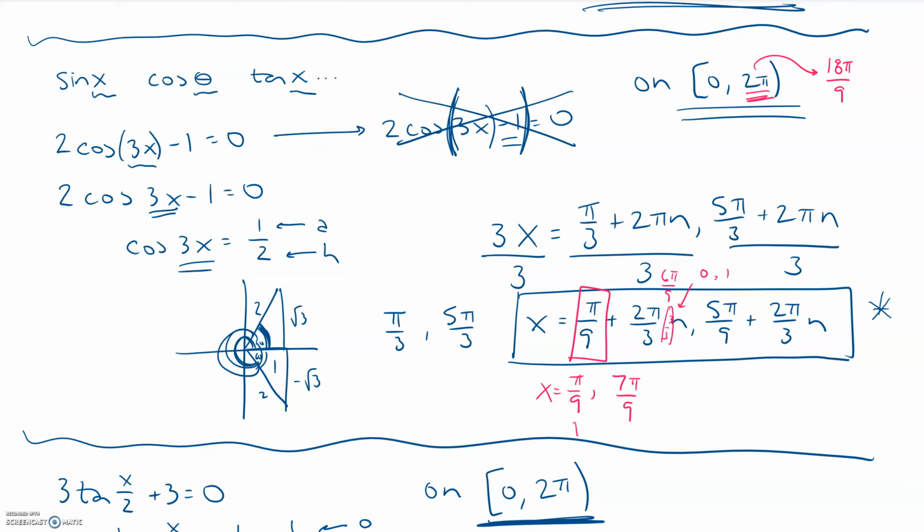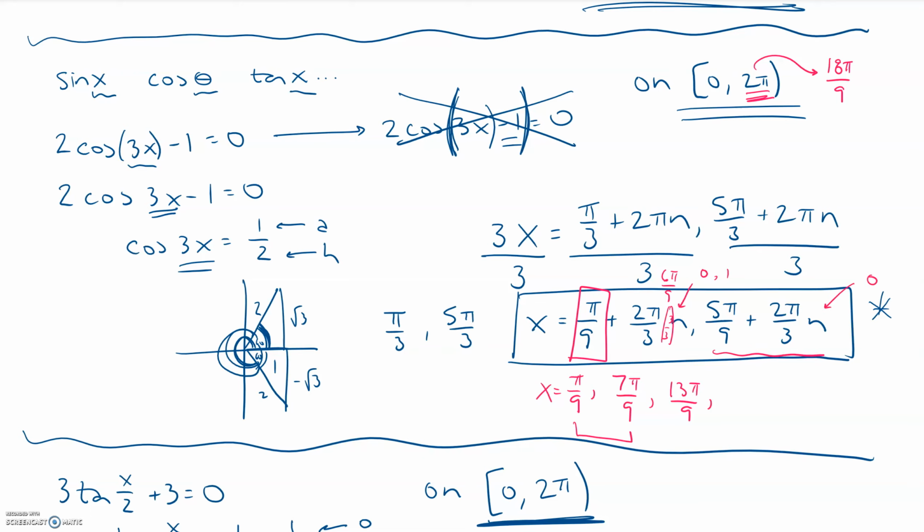And now you can see how the terms are growing by 6 pi over 9 every time we set n to the next value. So the next value is going to be 6 pi over 9 later. It'll be 13 pi over 9, and that also falls on the interval. And the next one would be 19 pi over 9, which is off the interval, so we're not going to count it. So then we jump to the next answer.